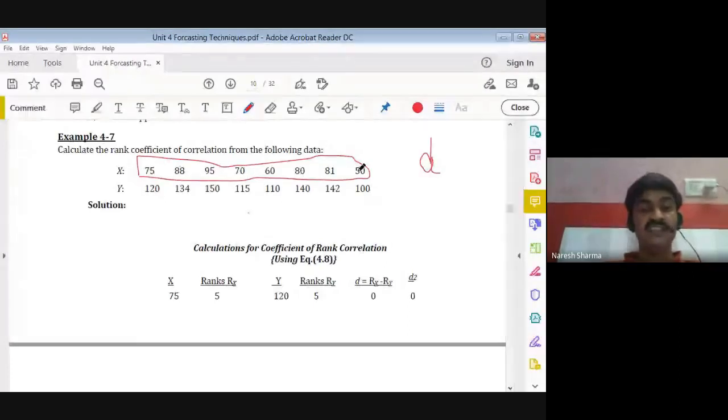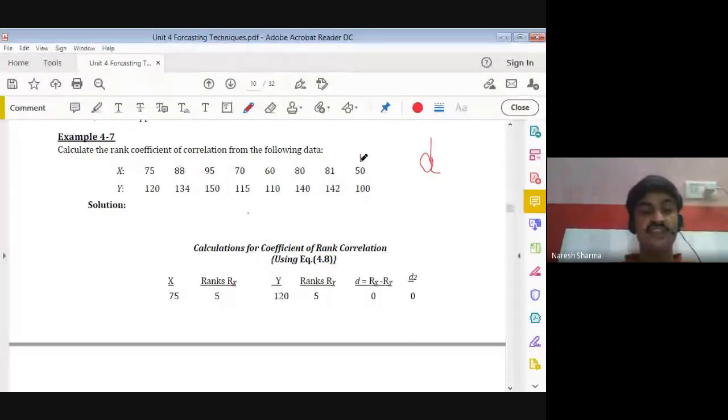Like we can say it is the least value, so we can give it the first rank, and 60 is the second rank, and 70 is your third rank, right? Or you may choose the highest one as first, like 95 as first, 88 is second, 81 is third, and this is your fourth rank, this is your fifth rank.